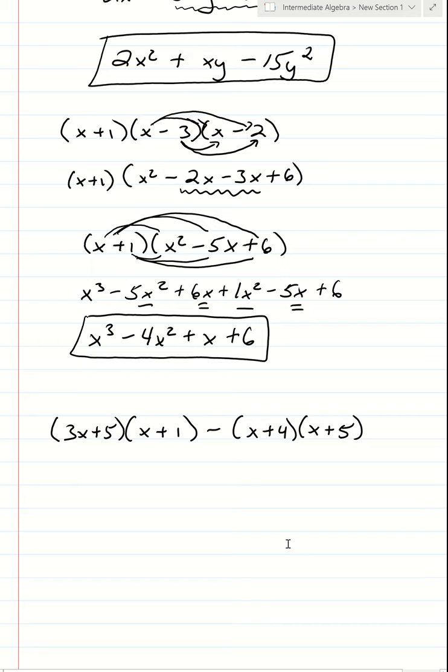And we want to simplify this as much as possible. Well, there are multiple things going on here. First thing that I'm going to have to do is to multiply the first 2 polynomials, and then I'm going to also have to multiply the second 2 polynomials, because we have to perform multiplication before we can perform this term here, the subtraction. So let's do the multiplication.